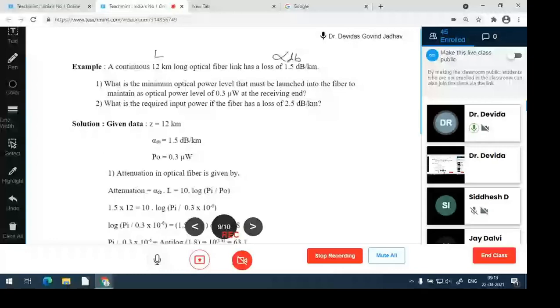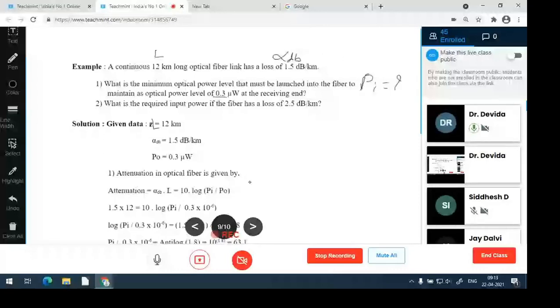The minimum optical level that must be launched. That is Pi. Pi is what is asked. Po is given. Po is 0.3 microwatt.